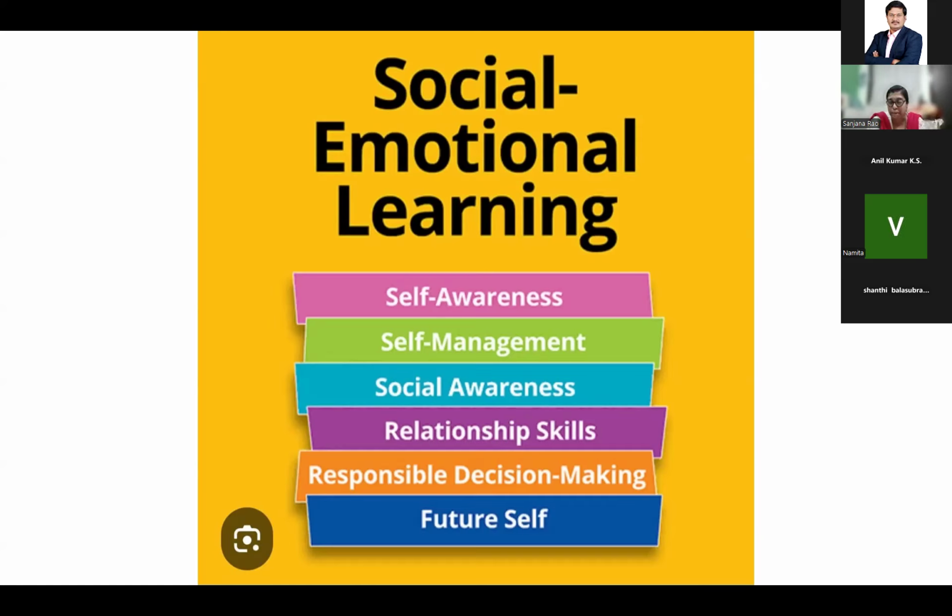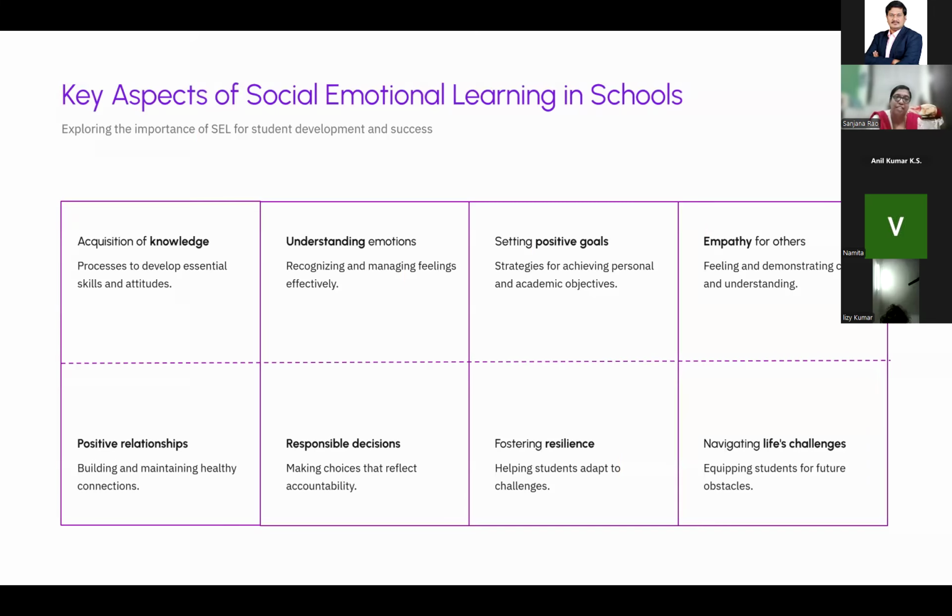Yes, sir? Yes, ma'am, 89. So we can understand the relationship and bonding sir has built with teachers as well as students. This is what he is implementing. I hope this is the best example.